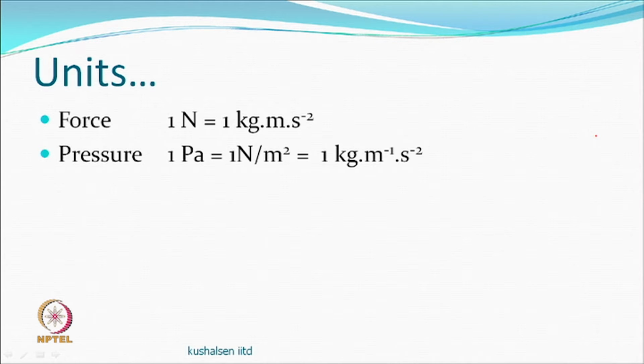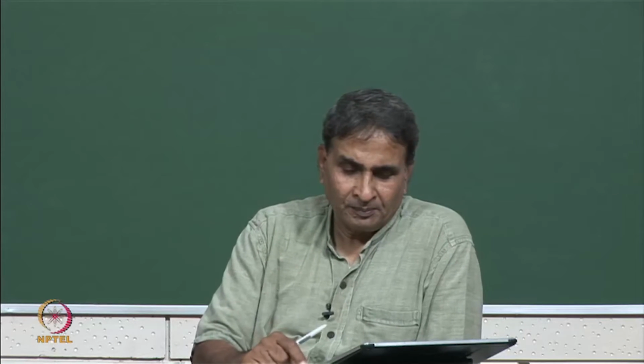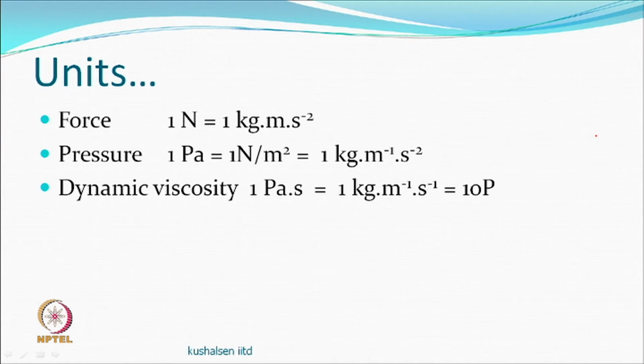There also we use just before a term like this, Pascal second, which became the viscosity. So, Pascal is kg per meter per second square. Then this dynamic viscosity, which we said Pascal second, is like kg meter inverse and second inverse.